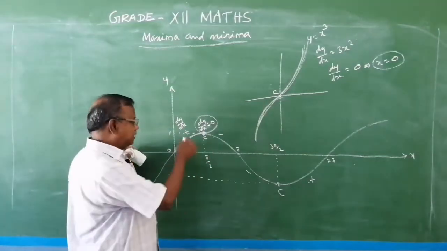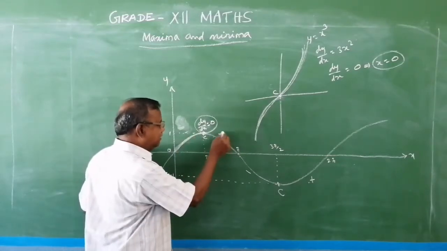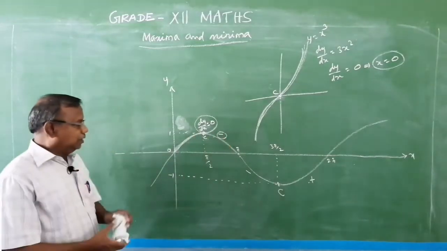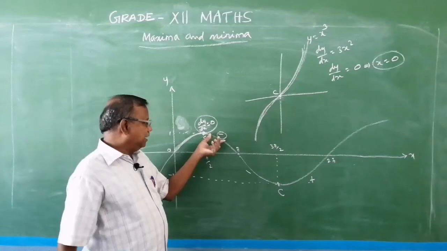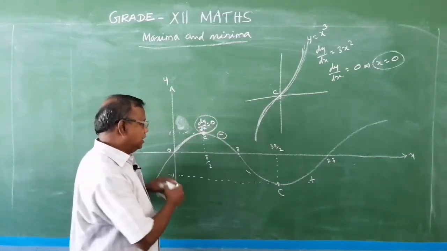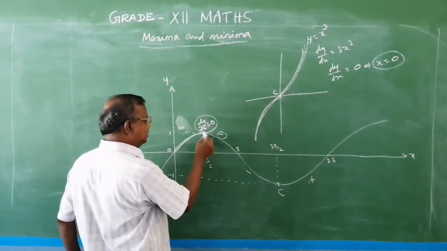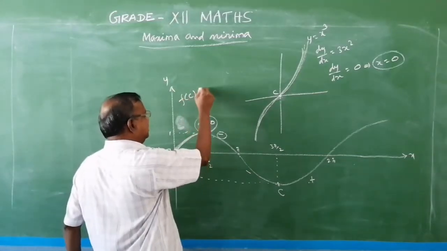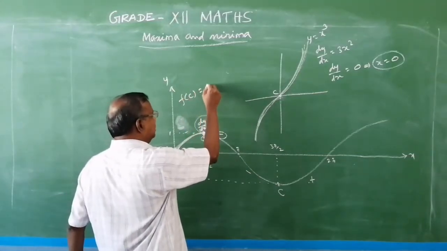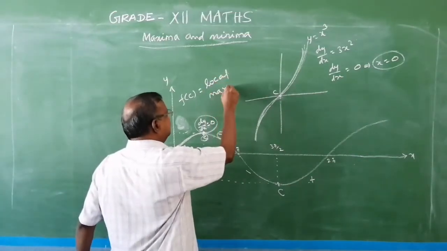See, the first derivative is positive until it gets 0, after that the second derivative is negative. So, where the second derivative is negative and the first derivative equals 0 is called the local maximum point, and the value at that point, f of C, is the local maximum value.